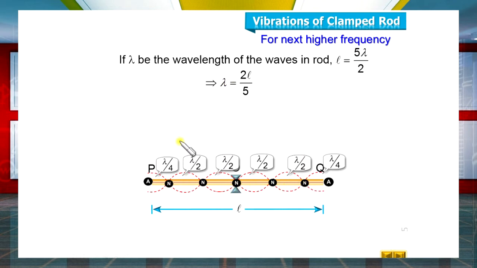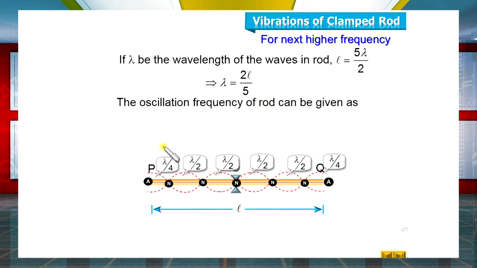Again, we can use the same procedure for writing the frequency term. Let us assign this frequency as N2. So N2 equal to V divided by lambda, and V is constant, that is under root Y divided by rho, and this lambda equal to 2L divided by 5. That means this frequency is equal to 5 divided by 2L under root Y divided by rho.